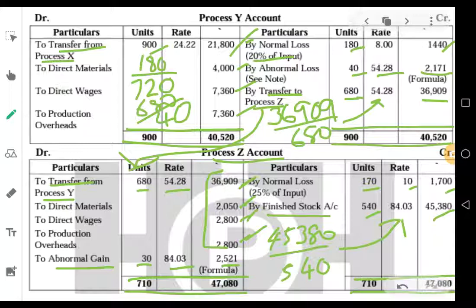Abnormal loss and abnormal gain both use the same formula. If you divide the value of abnormal loss by the number of units, you will get the abnormal loss cost per unit. And in any situation, the price of abnormal loss and the output transferred will be the same.